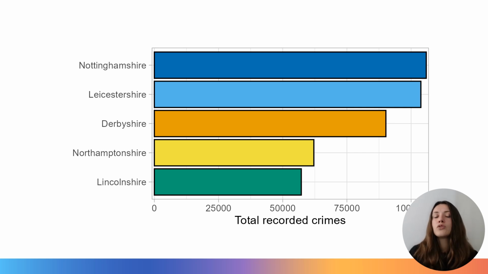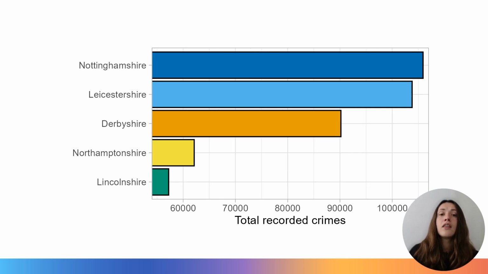Another way in which we want to ensure data integrity is to follow the principle of proportional ink. That means that the ink used for a certain data point is proportional to the quantities that it represents. So a common violation of this is where axes do not begin at 0, like we can see here.